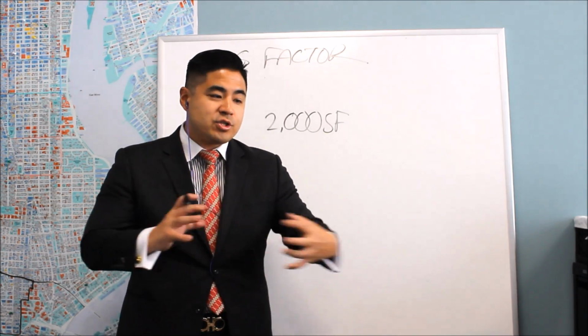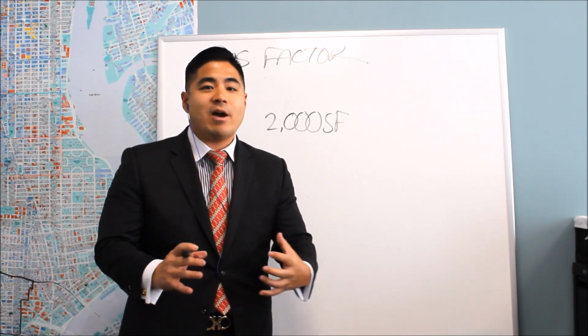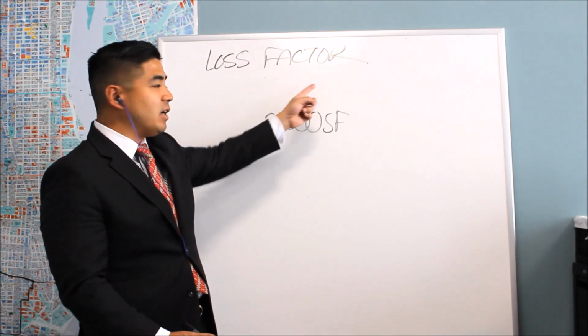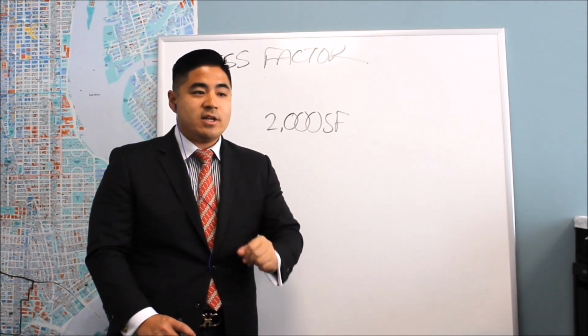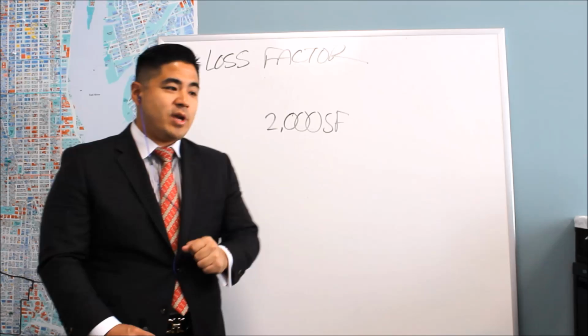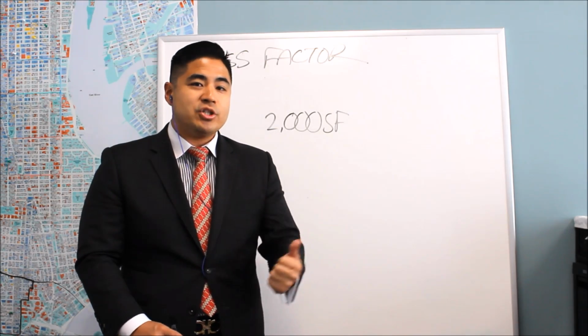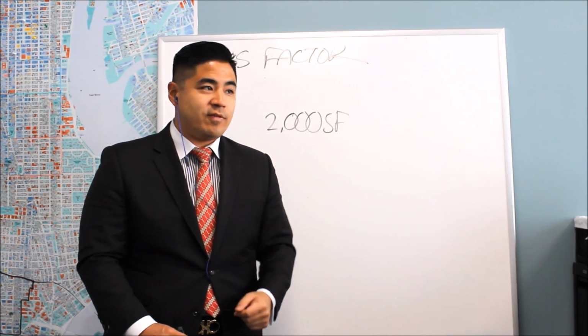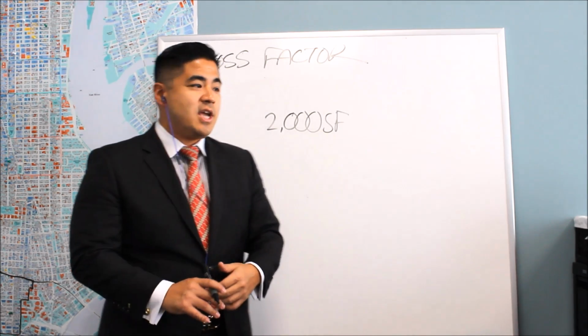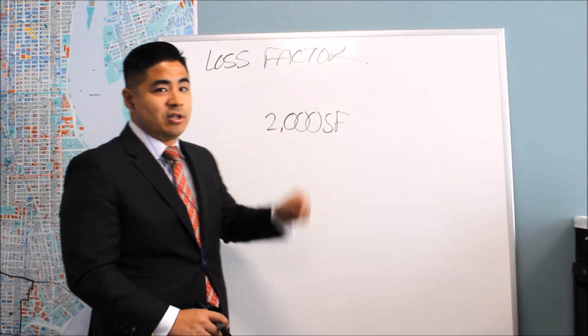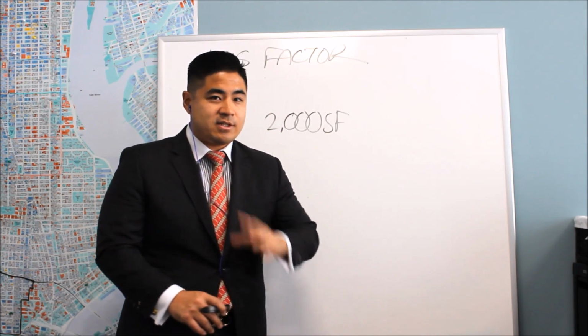So all the square footages of the building are accounted for, and the loss factor is different in every single building. So the way to create a uniform budget and a uniform dollars per square foot for the entire New York City area for all the landlords is done, again, on the dollars per square foot. So that's the first thing.